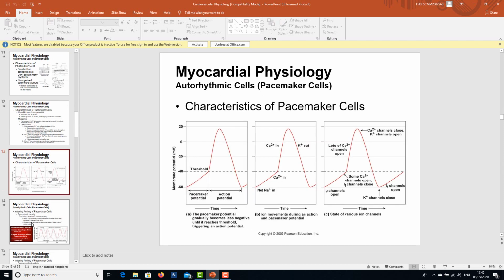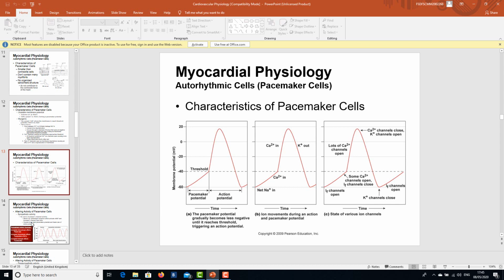You can see, and all of you should know how to draw this graph of the pacemaker action potential, which is gradually becoming less negative until it reaches the threshold voltage. And what is that? That is minus 40 millivolts, triggering an action potential.